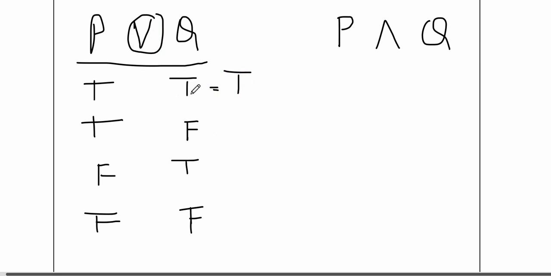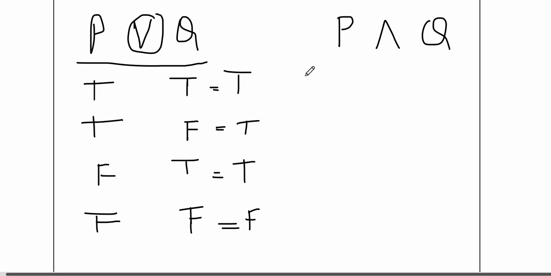Here both P and Q are true, and we want only one of them to be true. Even if one of them is true, the result will be true. Here P is true, therefore the result is true. Here Q is true, therefore the result is true. Here both are false, therefore the result is false, because we want at least one true value for the result to be true.